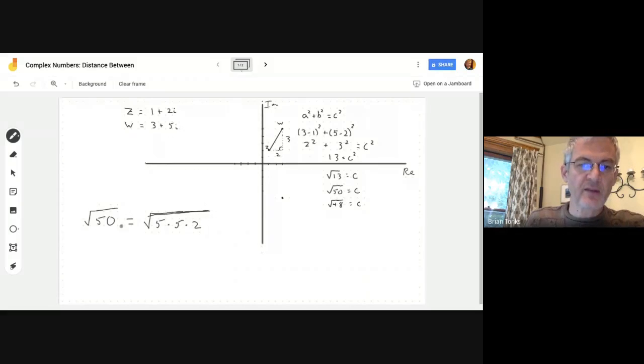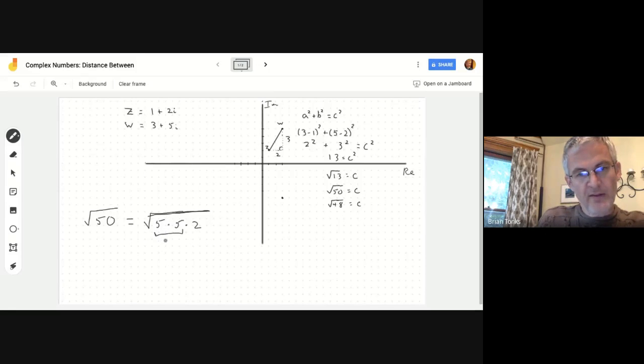So now I've got the square root of 50 is the same as the square root of 5 times 5 times 2. Because 5 times 5 times 2 equals 50, I can replace 50 with what it's equal to. And right here, I've got a number times itself. So that means that that's a perfect square in here. That was 25. So I could have this equal to the square root of, well, we could put it back into 25, because maybe we're more used to thinking of the square root of 25 as being 5 than the square root of 5 times 5 being 5.